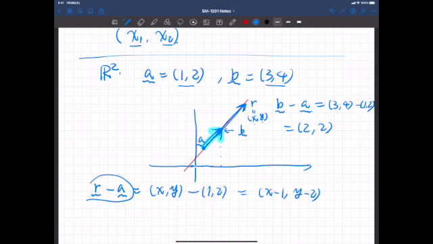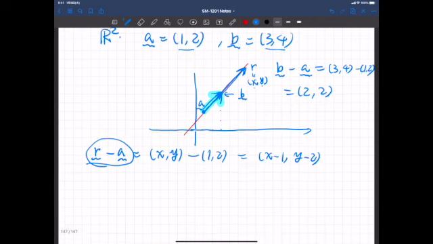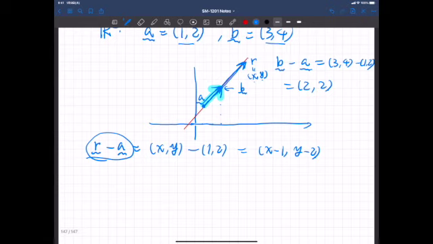So R minus A should be a scalar multiple of B minus A. For example, if it is somewhere here, this vector times 2 should be this vector. This vector times negative 1 should be this vector along this line. It's always on this line. So the equation should be something like this: R minus A should be a scalar multiple of B minus A.